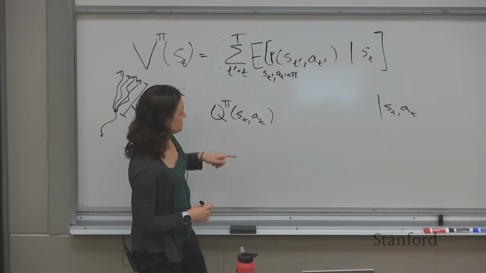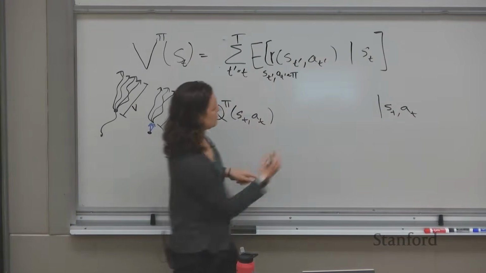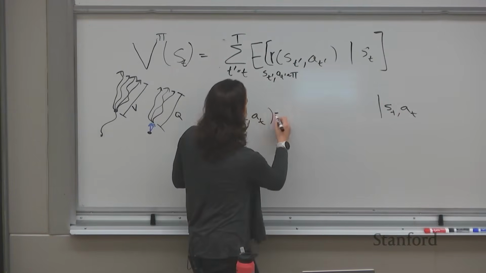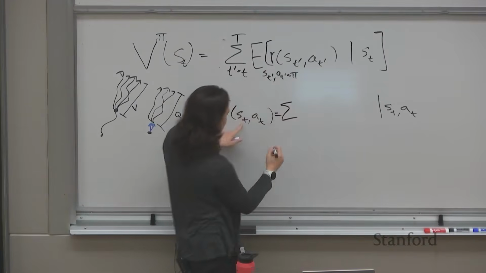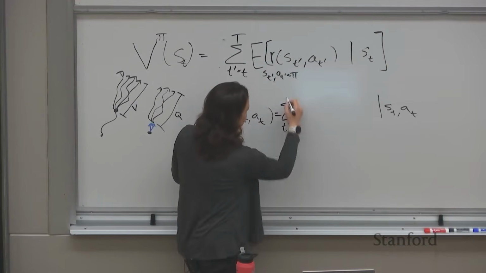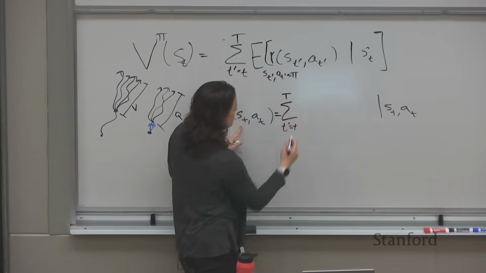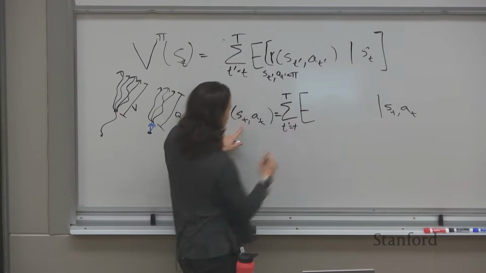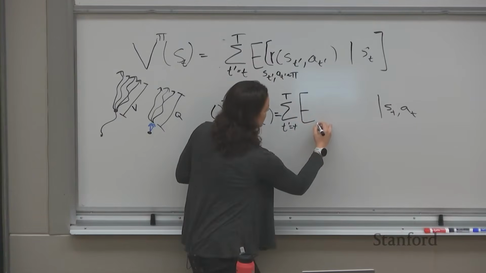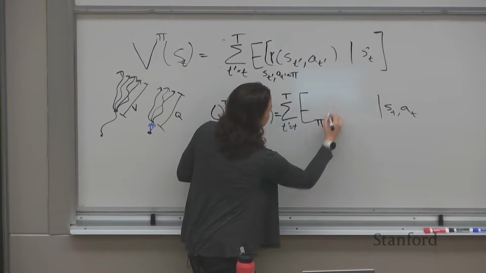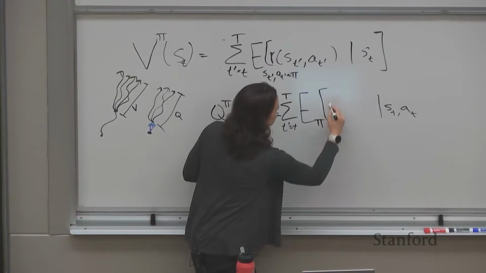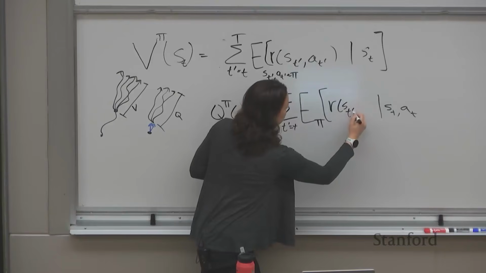And then this is the expected sum of rewards, so a sum over T prime equals T to T. And then we're going to have an expectation of running the policy here, and then a sum of rewards.